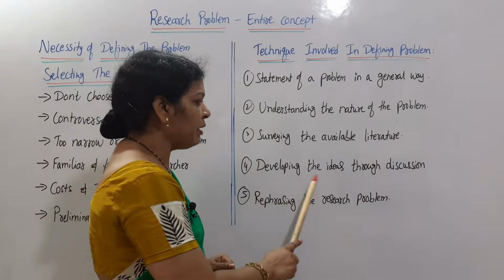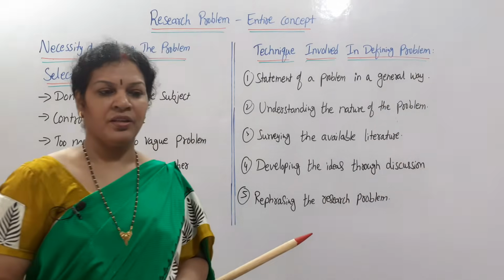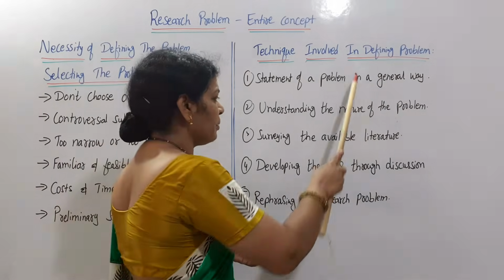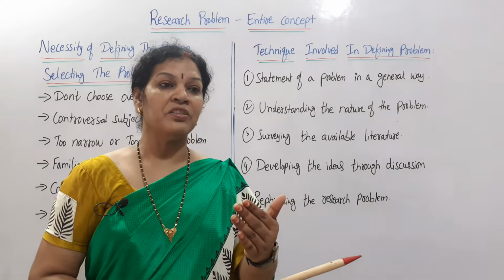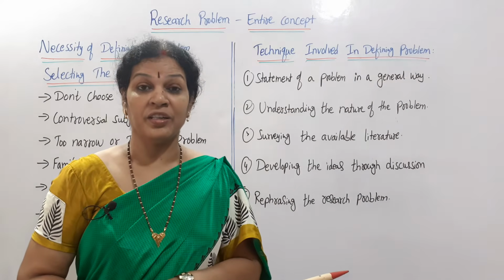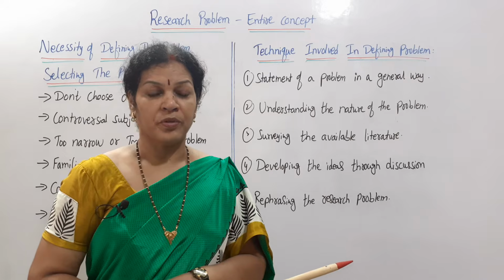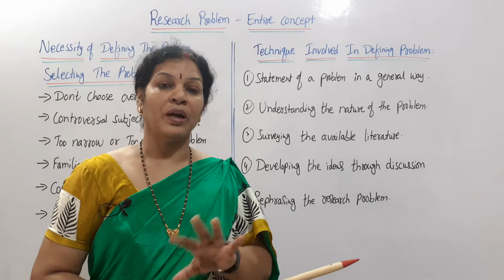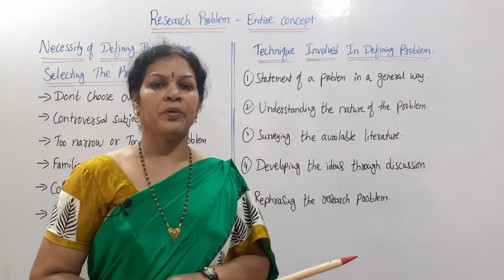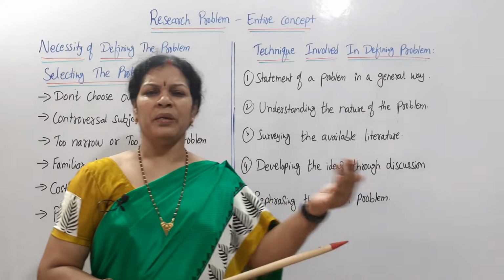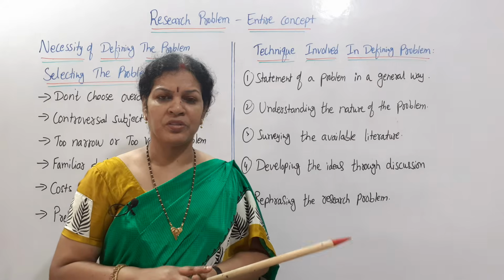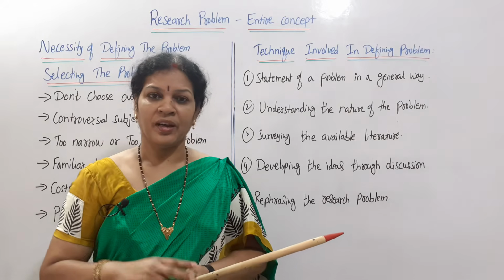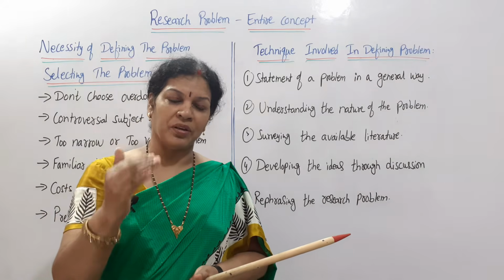Next one, developing the ideas through discussion. When you define the problem and these steps are completed, the fourth thing is that you should have a discussion with experts related to the problem. Who are the experts? Those who have already done the same kind of problem, maybe scientists, research fellows or a supervisor, whoever may have good knowledge.